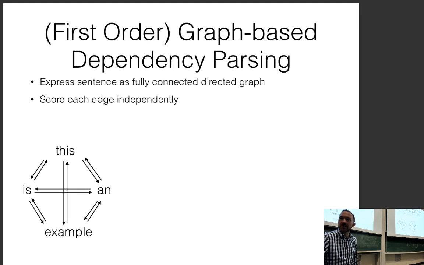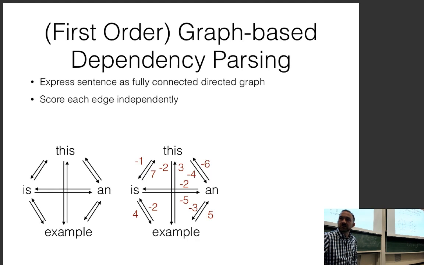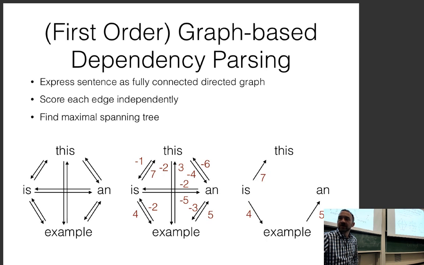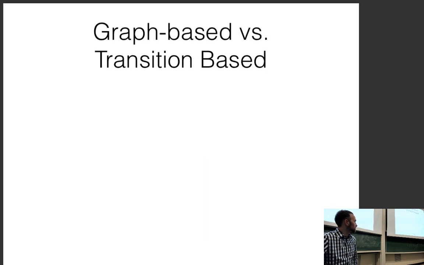You score each edge independently. So each edge gets its own score, like -1, 7, -2, 3, etc. And then you find the maximal spanning tree using some algorithm, which gives you this. So then this is the head, and then "this" and "an example" are children of that, and then "an" is a child of "example".